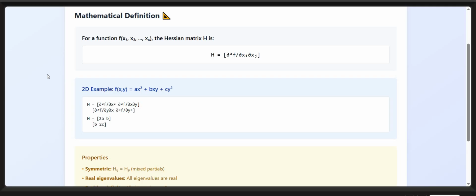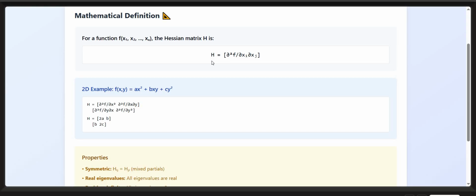So let's get a little more formal now. If we have a multivariable function, let's say f of x1, x2 all the way to xn, then the Hessian matrix, which we usually write as capital H, is a matrix of second order partial derivatives. We can write that like this.